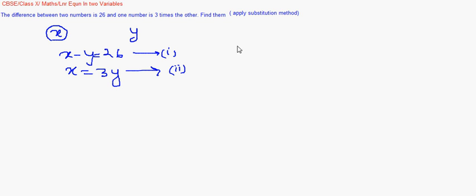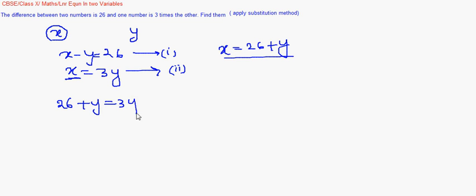Now from the first equation we can find x is equal to 26 plus y. I'll substitute this value of x in equation 2. So in place of x, I'll write 26 plus y equals 3y. So 26 is equal to 3y minus y. 26 equals 2y.